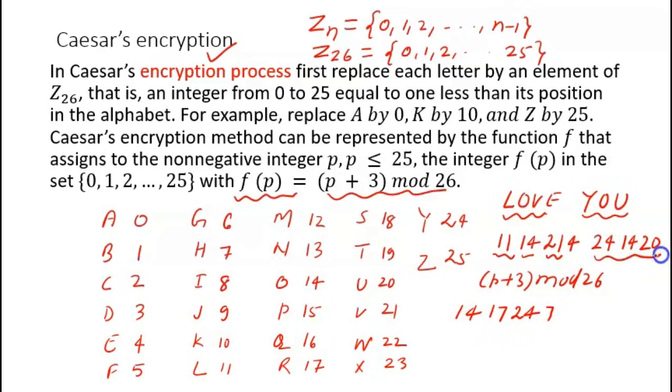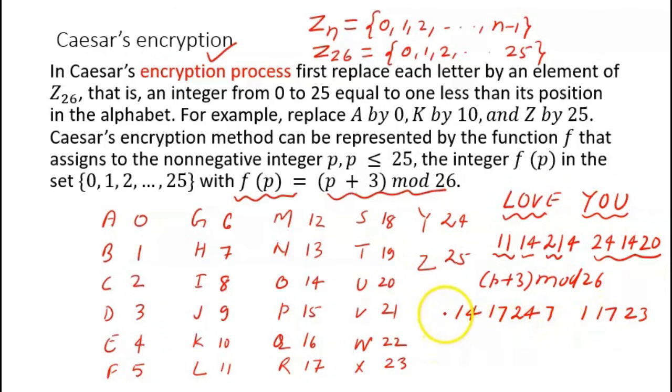Now this list of numbers. So 24 plus 3 is now 27, but 27 modulo 26, the remainder is 1, so I will write 1. Now we have 14, 14 plus 3 is 17, 17 modulo 26 is 17. And then we have 20, so 20 plus 3 is 23.